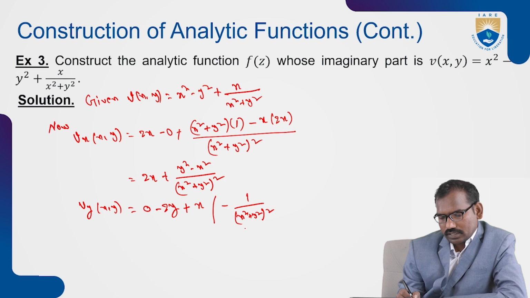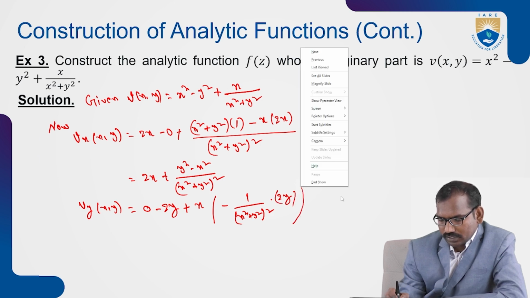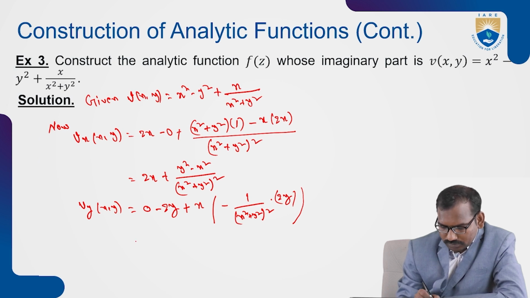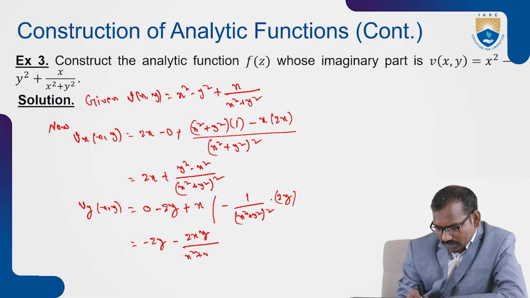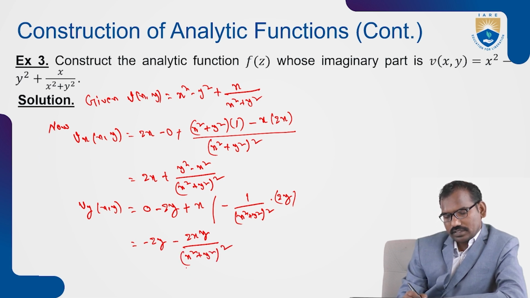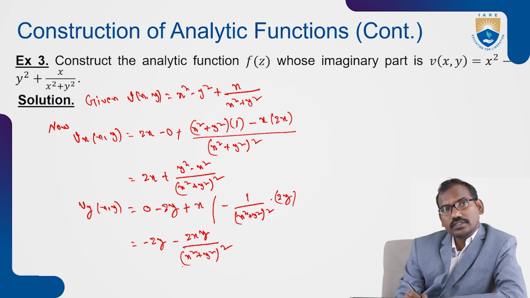Okay. Next, what we will do for the denominator? We have to perform the derivative again for the denominator. Next, we do the simplification. Minus 2 will come here, and we will have minus 2xy upon x square plus y square whole square. This is v sub x, v sub y.